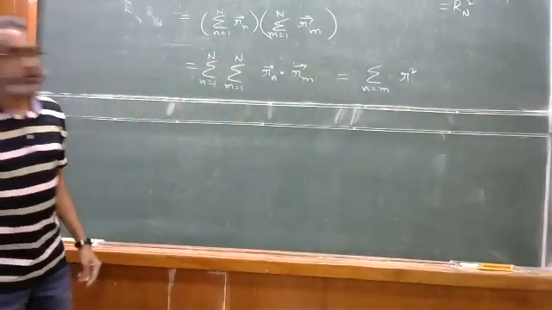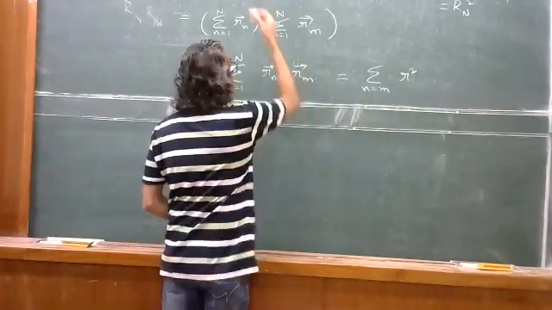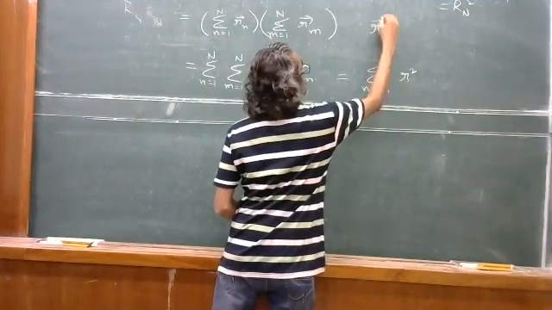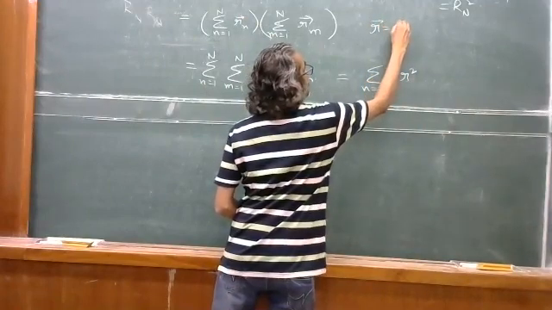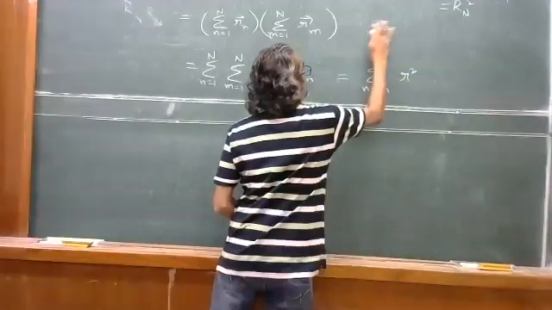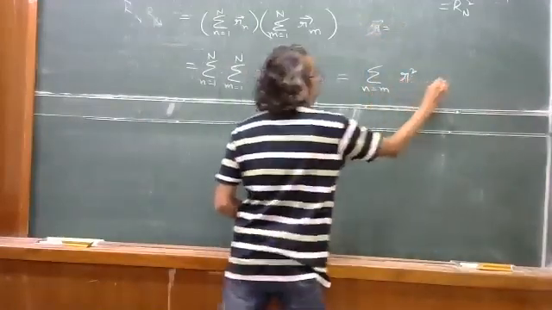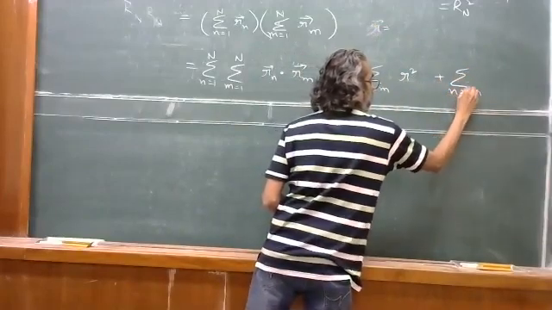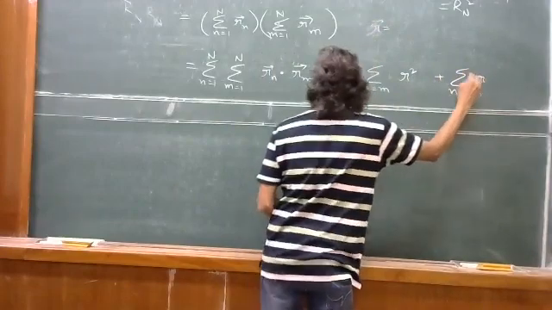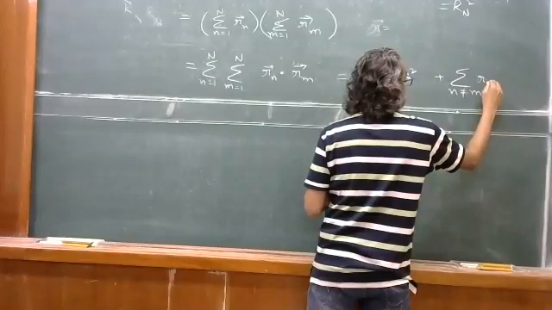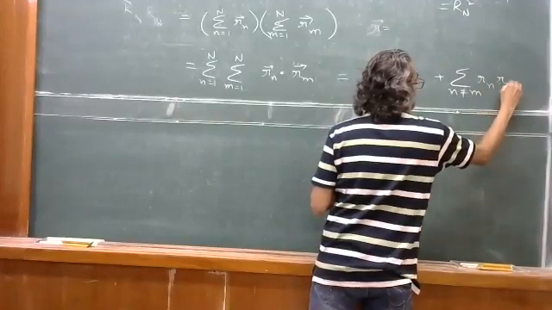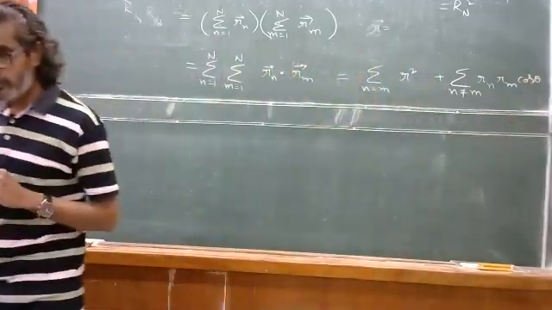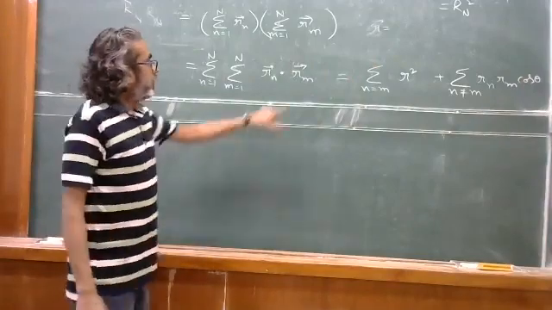Our magnitude we can write directly. So r is equal to magnitude, which is basically L, right? So it's basically L into L, or r square for the time being, plus the terms where n is not equal to m, Rn into Rm cos theta, or the dot product.